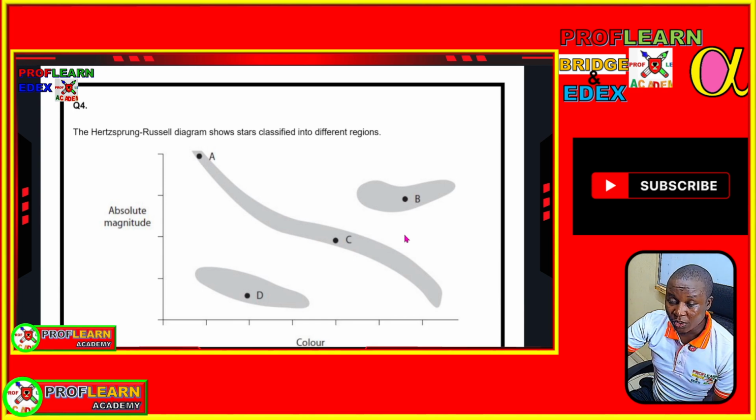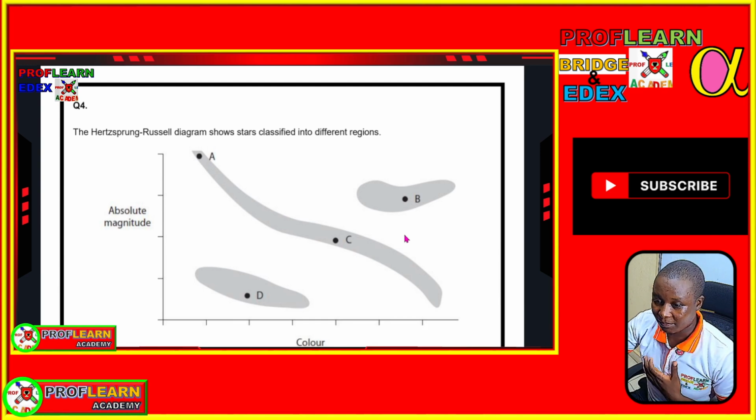Now, moving to cosmology and astrophysics, that is astronomy, we shall look at HR diagrams. We call them Hertzsprung-Russell diagrams, which usually show different stages of stars. We have the main sequence, which is the middle part.